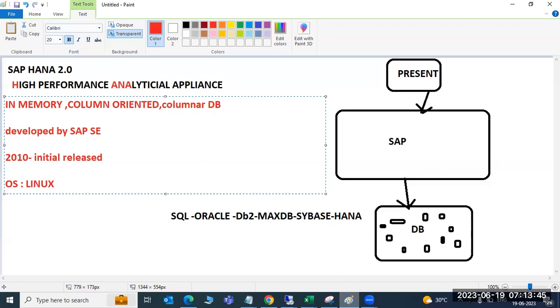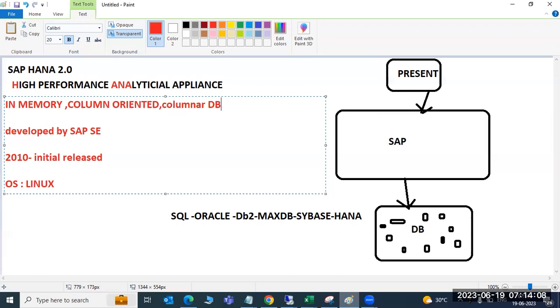Why? Because it's the first revolutionary database which has high performance, and it has only columnar tables, and the data is stored in a columnar way. That's why we call it the columnar database.